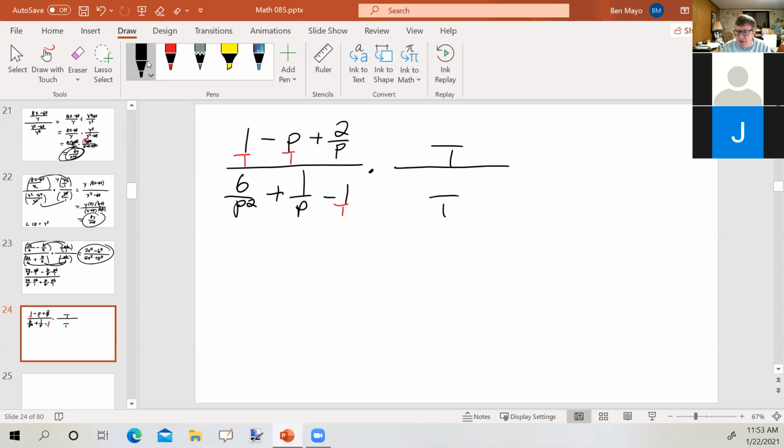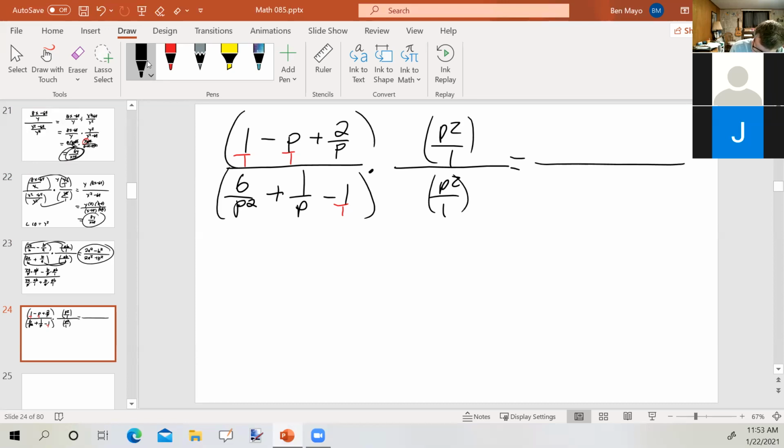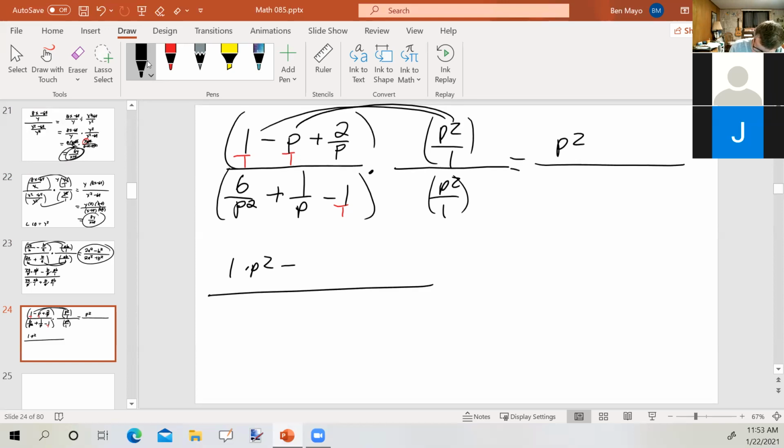So what's the LCD? P squared. Good. So 1 times p squared is going to be p squared minus p over 1 times p squared over 1 is going to be what? Minus p cubed.